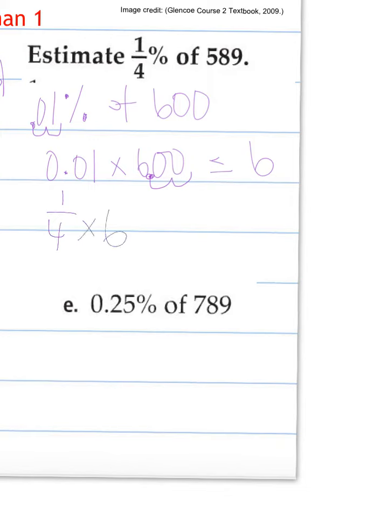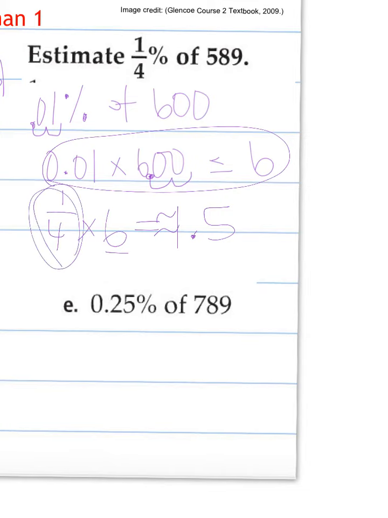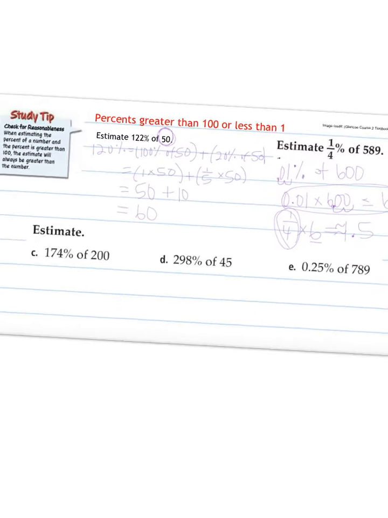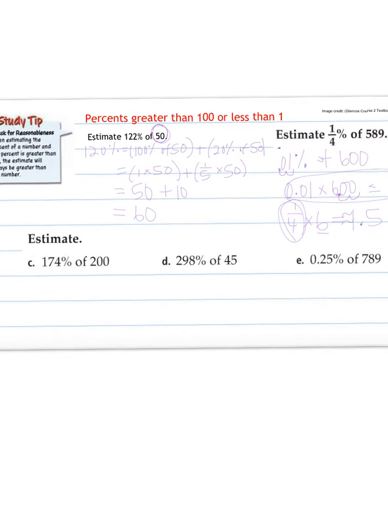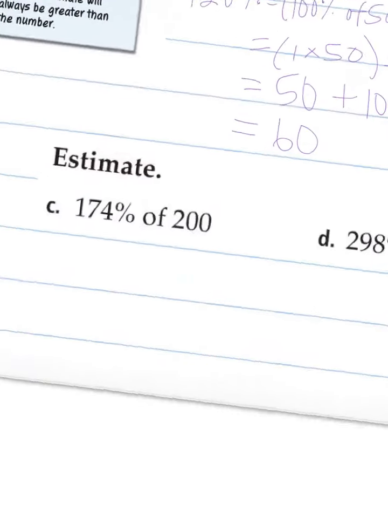So 1/4 times 6 equals 1.5. So then that would mean that 1/4% of 589 is approximately 1.5. So first we found out what 1% would be, and then we used that to find the remaining 1/4%. Okay, a couple more you can try on your own. Come back and check.